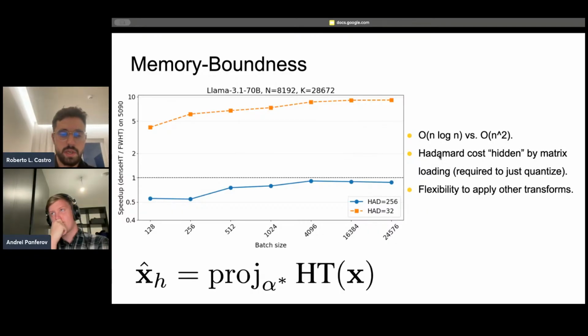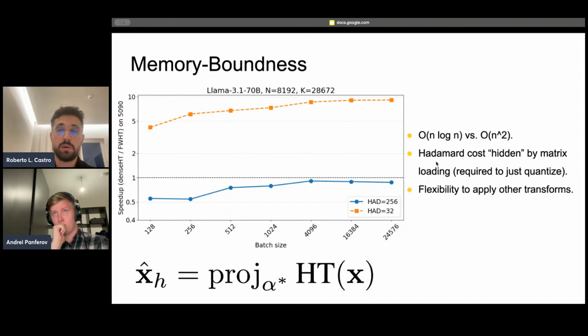So the time it takes to apply this Hadamard transformation is going to be determined by the time it takes to load our matrices, right? Because it's a memory bound problem. And that means that if we move our data really efficiently, our method is going to be much faster.